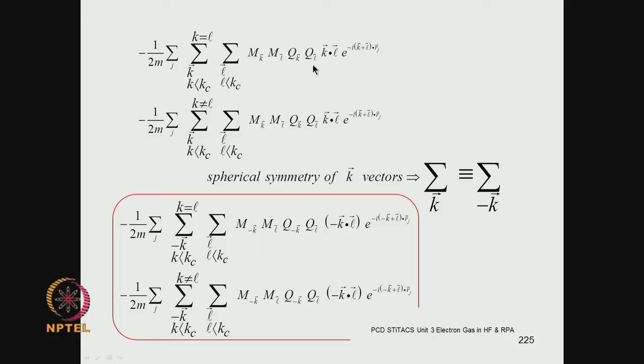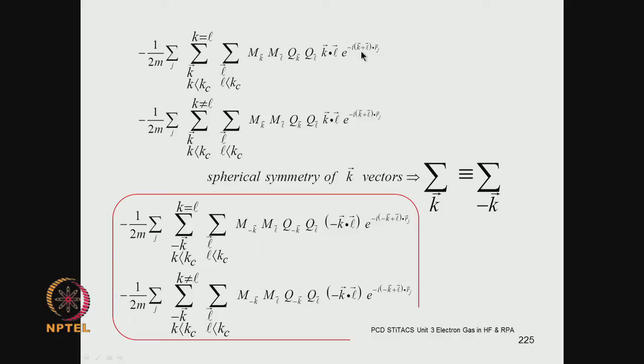So, this is q_L, it is the k which goes to minus k. This k goes to minus k, q_L remains the same as q_L, but k goes to minus k. And it is the same thing in the second term. Here also this k has gone to minus k, this k has gone to minus k, L remains, q_L remains the same, but look at the exponents also.